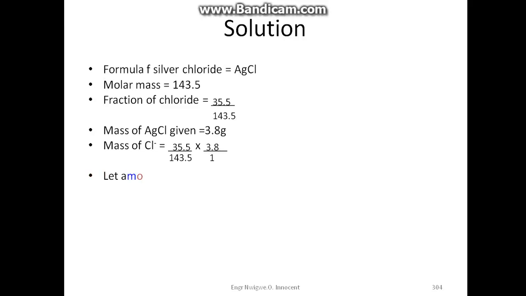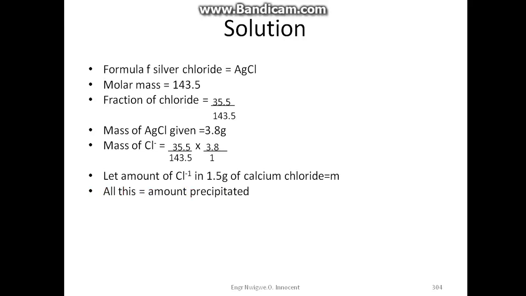Let the amount of chlorine, valency of -1, in 1.5 grams of calcium chloride be equal to M. All this is equal to the amount precipitated.